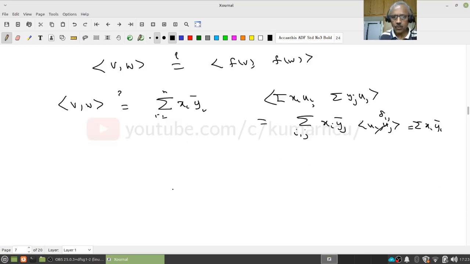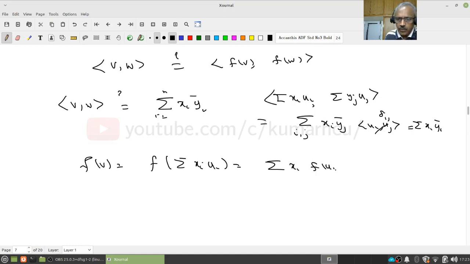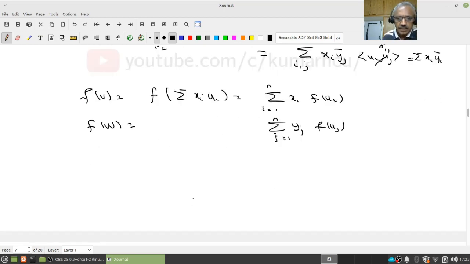Right? Now what is f of v? f is linear and therefore it's f of summation xi ui, that is equal to summation xi f of ui, right? Okay, and what is f of w? For the same reason it's summation yj f of uj, right? Now what do I know about this collection f of ui?